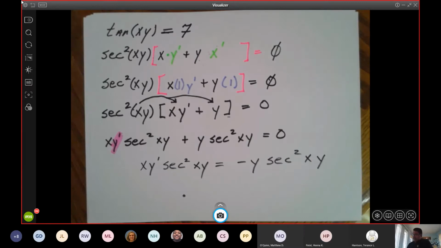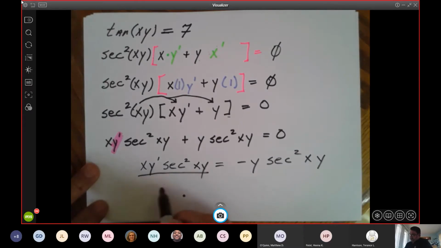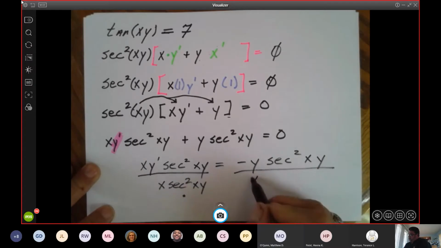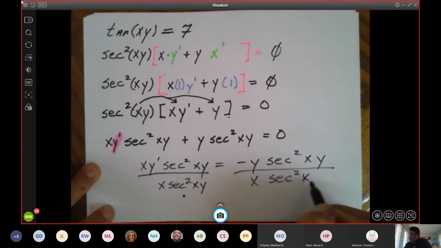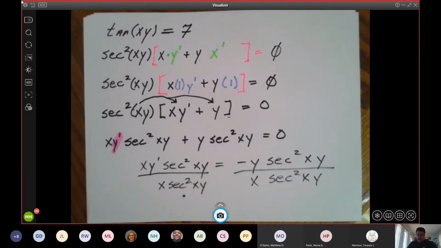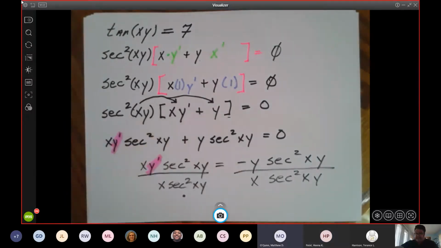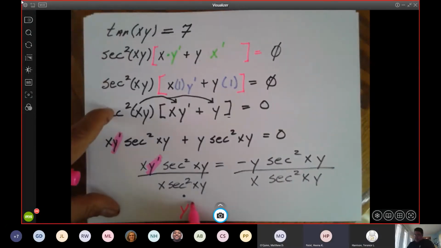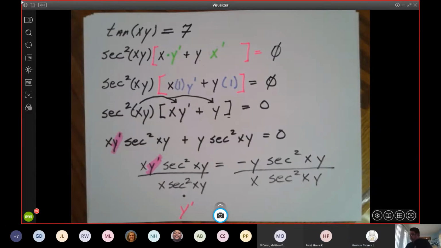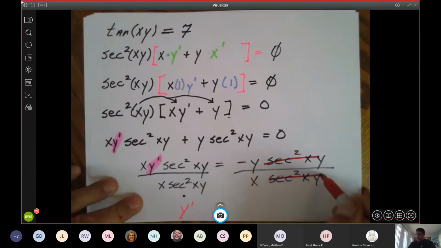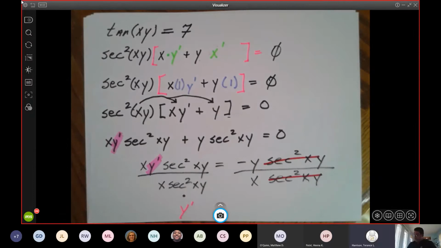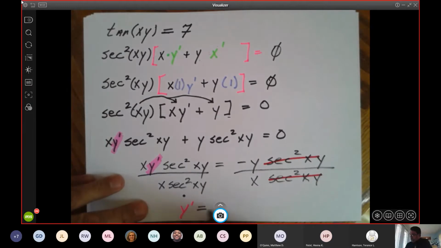And now I'm going to divide by x secant squared xy. Oh my goodness. What happens? Anybody? The secant squared cancels out. Isn't that amazing? And you're left with negative y over x.